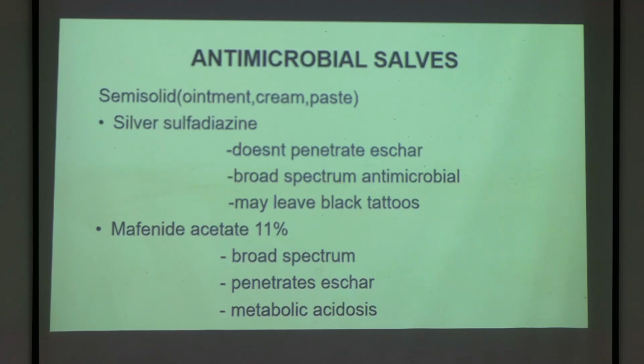It can also cause black-colored tattooing of the skin, so it is cosmetically not good for the patient, for burns on the face and so on. Next is mafenide acetate, 11% we use. That is also a broad spectrum agent. It can penetrate eschar, but the side effect is that it causes metabolic acidosis.